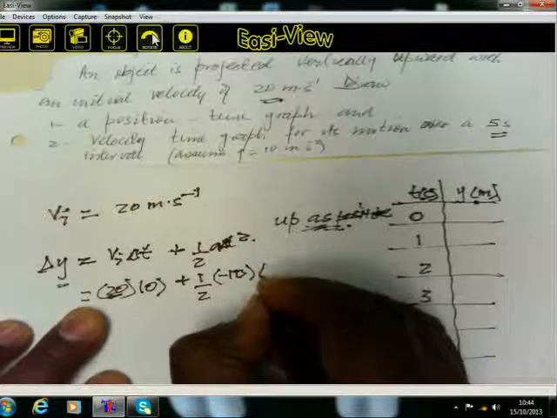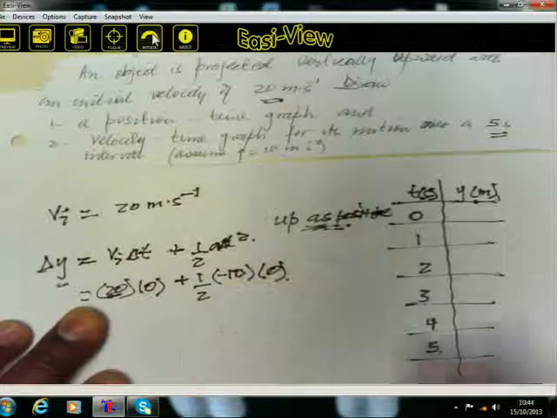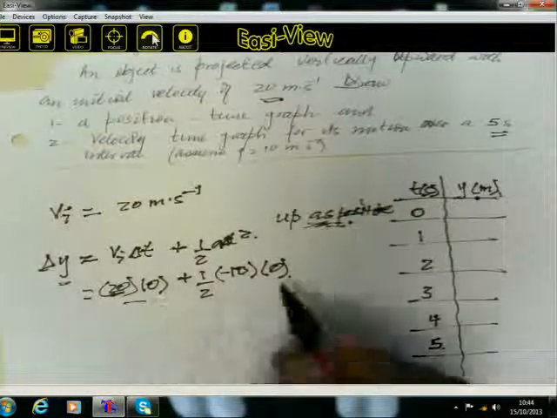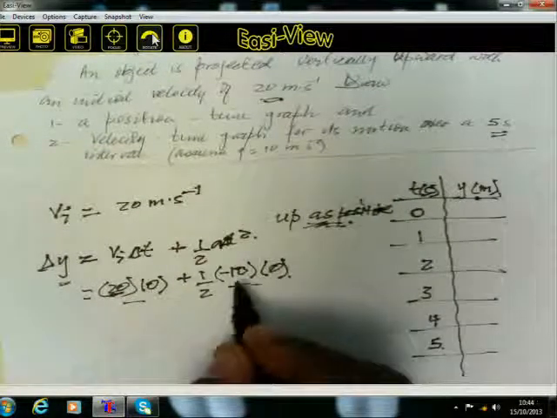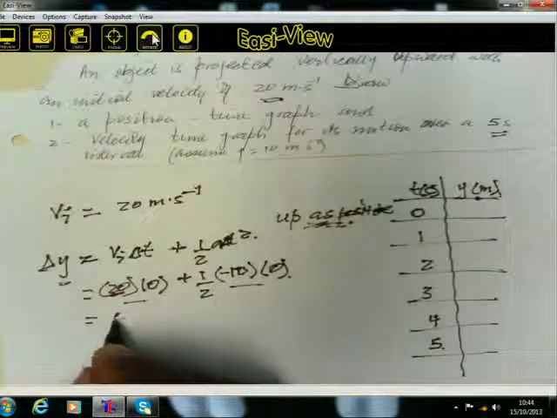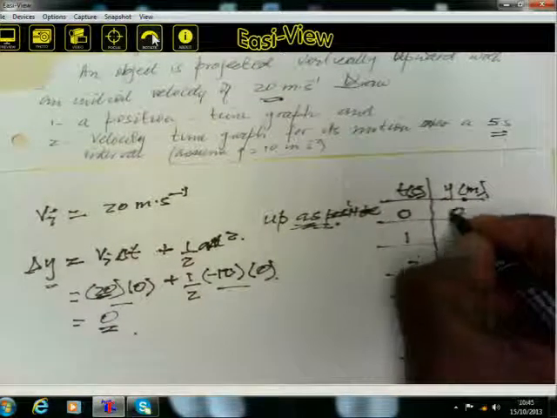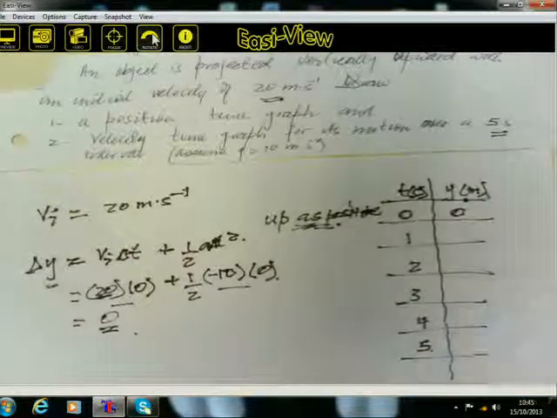Now we are multiplying this with a 0, so that will give us 0, and there it will be 0 because we are multiplying by 0. So the change in position will become 0 meters.